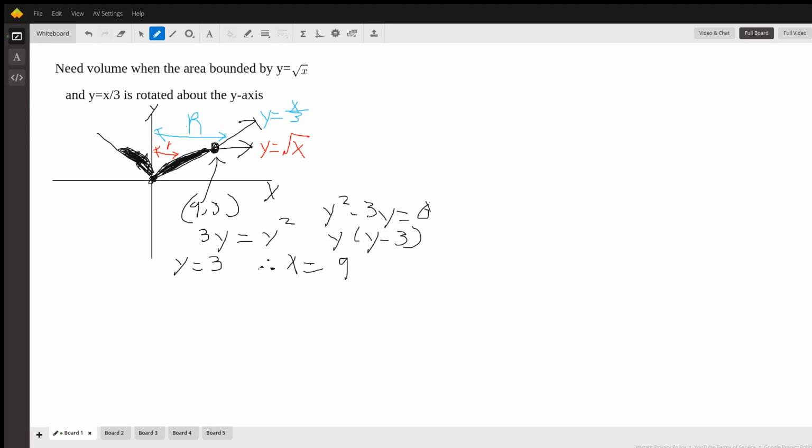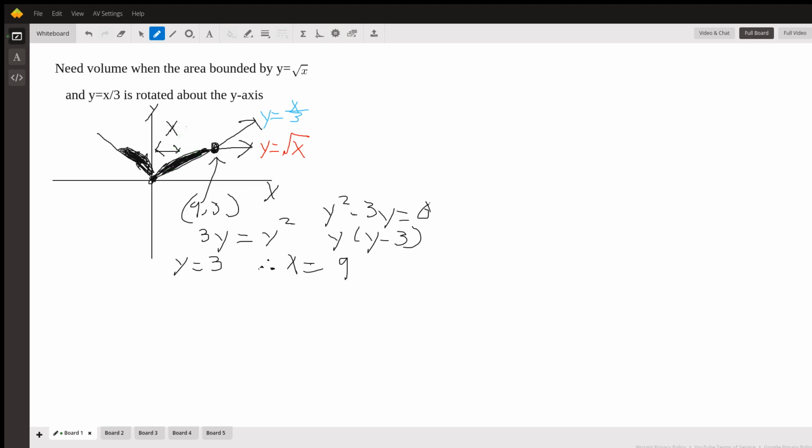This is our radius, so we're just going to call this x.